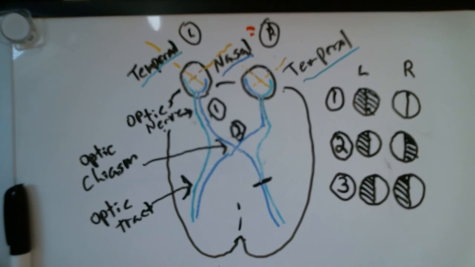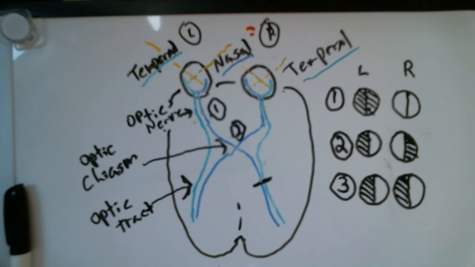There, that's a little better, isn't it? Okay, so that is how these work, right? That is it. So if you have a lesion up here in the optic nerve, whichever side it's on, it's going to completely blind that eye. And if you have a lesion in the chiasm, this is what you're going to get. Both your peripheral vision is going to be lost. They're going to have tunnel vision.